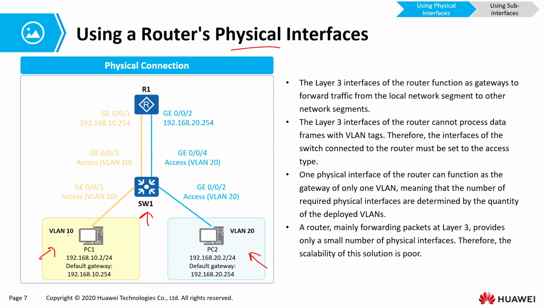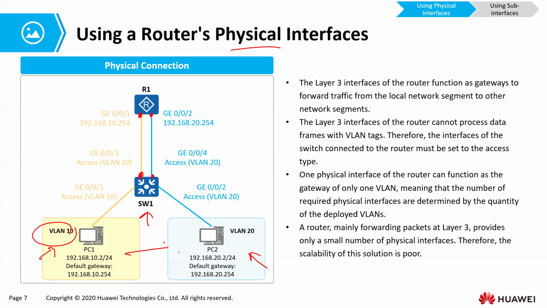For VLAN 10, this connection will be used as the gateway, and this one will be used for VLAN 20. How will our communication happen?